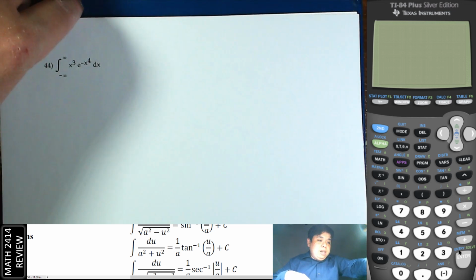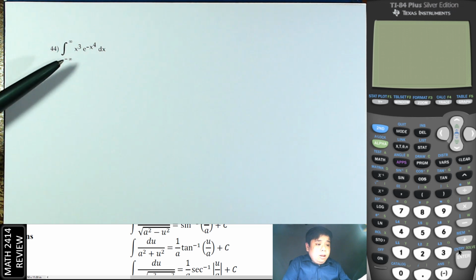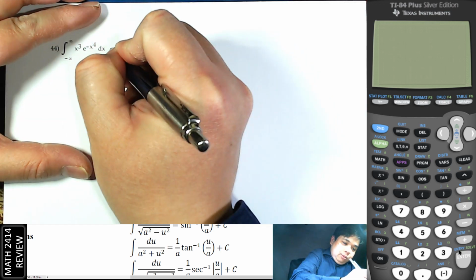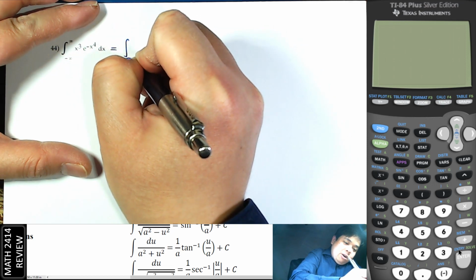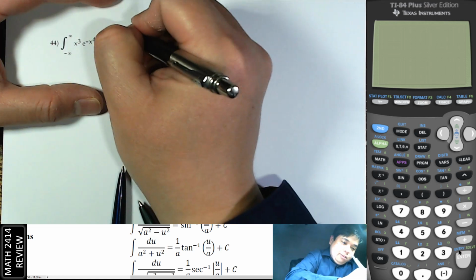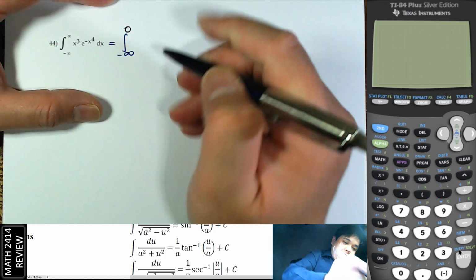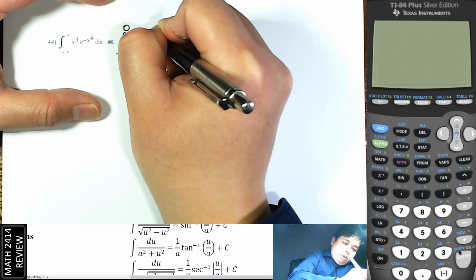Right, next we have this problem. Now, this is a real problem. Of course, both negative infinity and infinity are limits, so we have to split this in two. So first, let's split that at 0. x cubed e to the negative x to the 4.